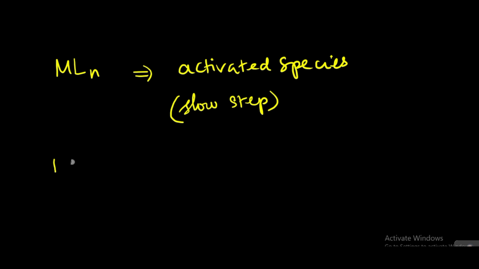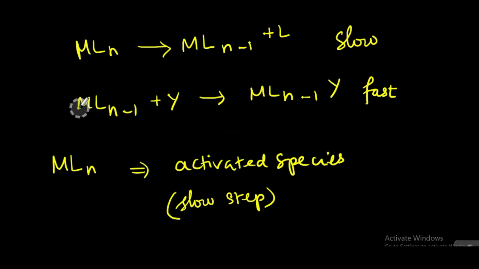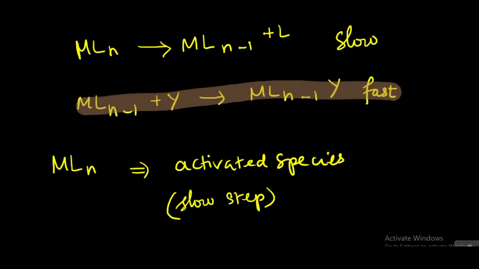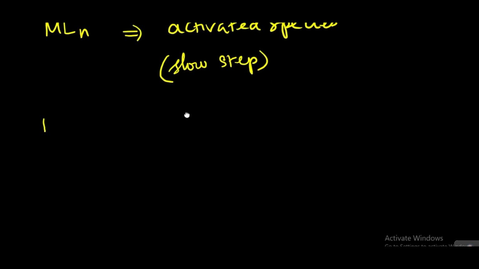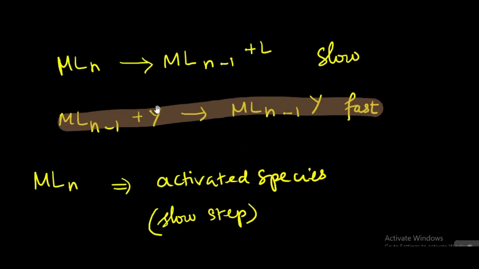In the second step, what will happen? The activated species undergoes a fast reaction with the incoming ligand Y. Then the activation energy for the first step is high, and that for the second step is low. Why?